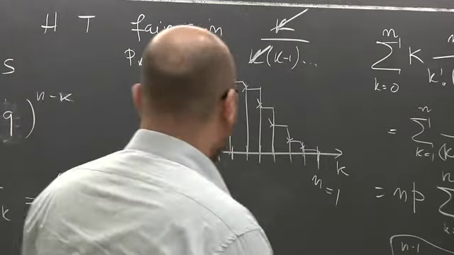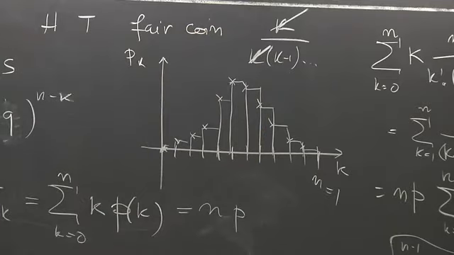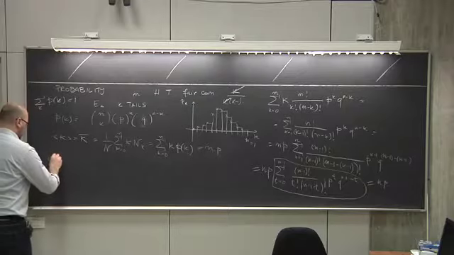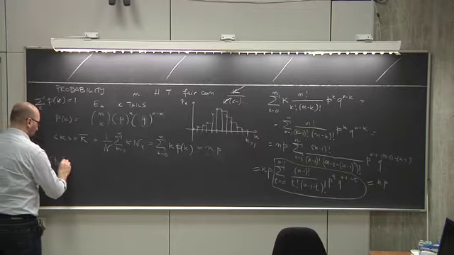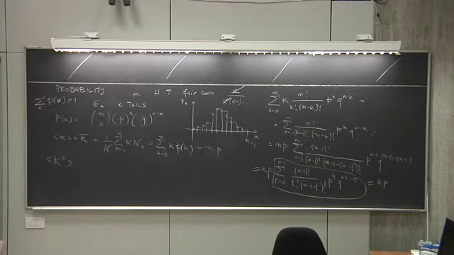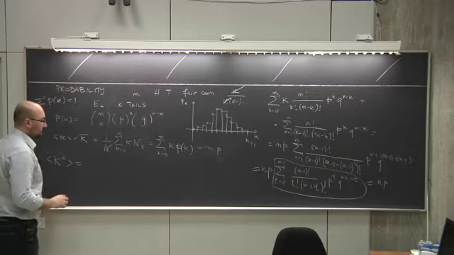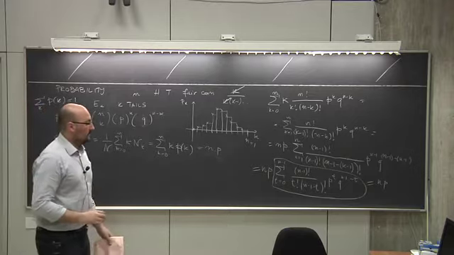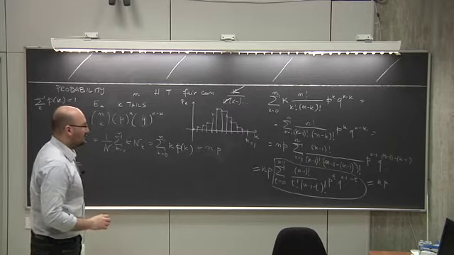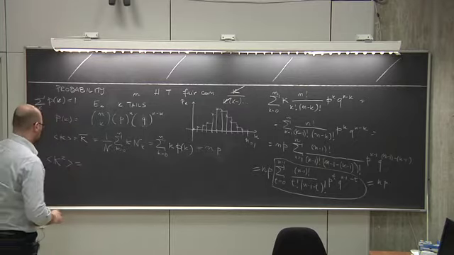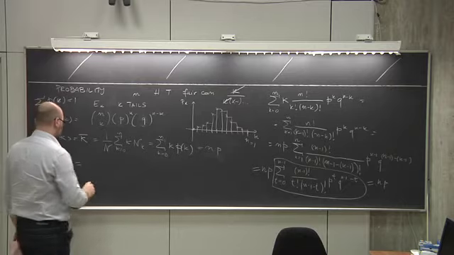Okay, so there are other things we can calculate. We can calculate the average of k squared. Let me tell you the result, I don't want to do the calculation.